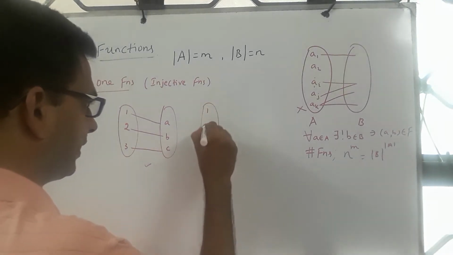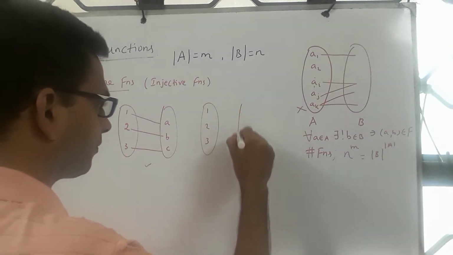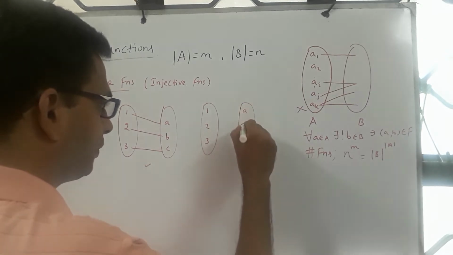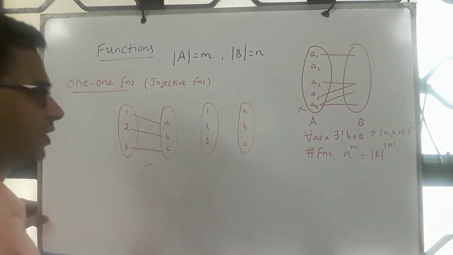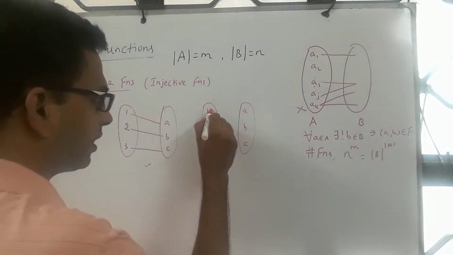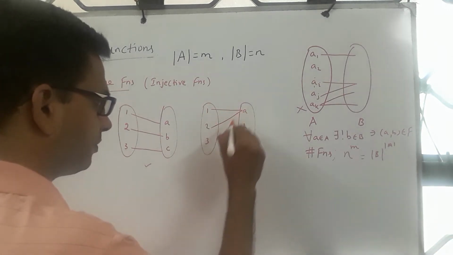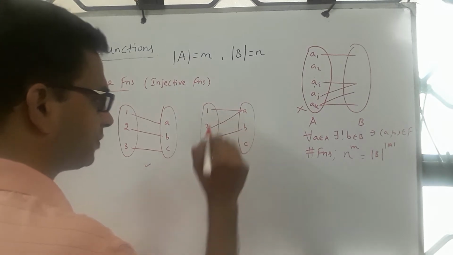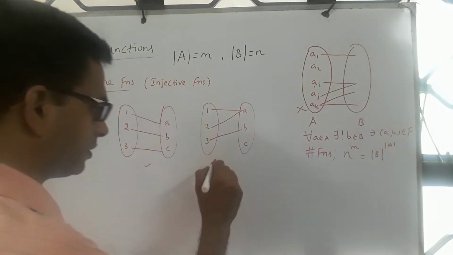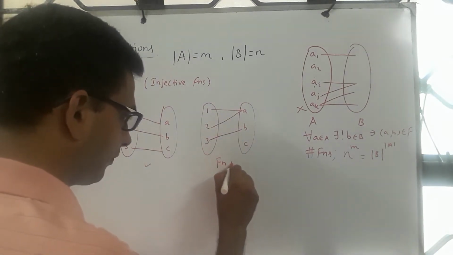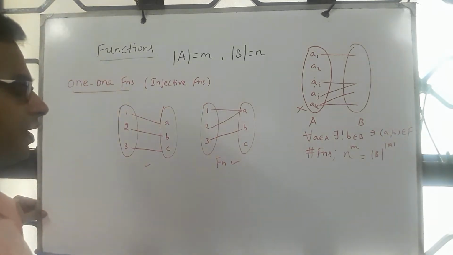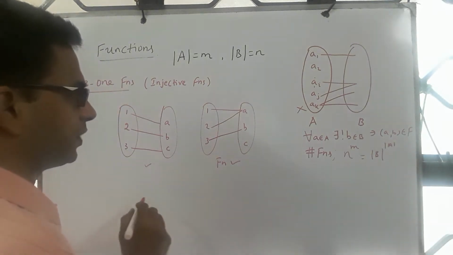Suppose the picture is like 1, 2, 3 and you have A, B, C, and 1 is mapped to A, 2 is also mapped to A, 3 is mapped to B. This one is a function, and this we don't call one-to-one.